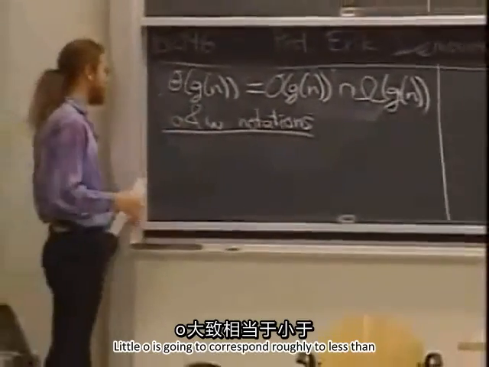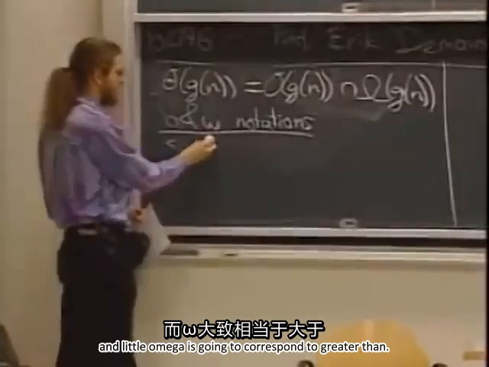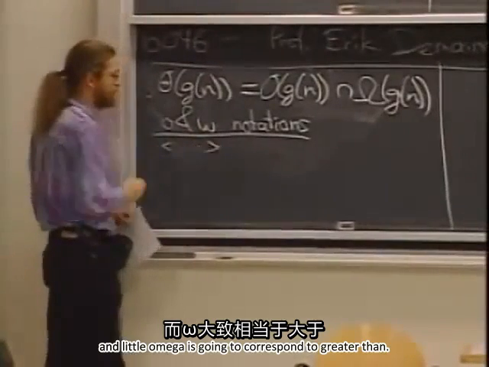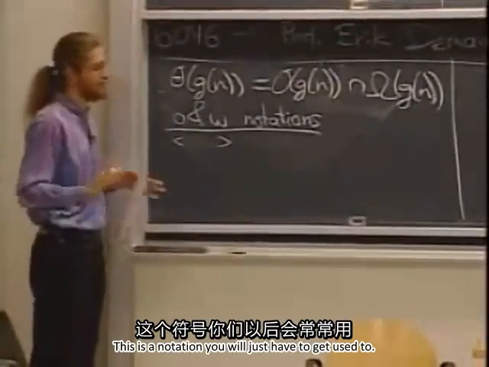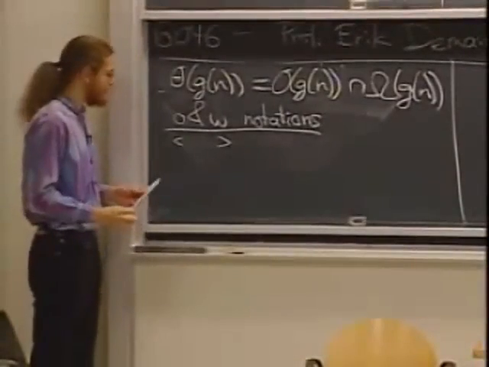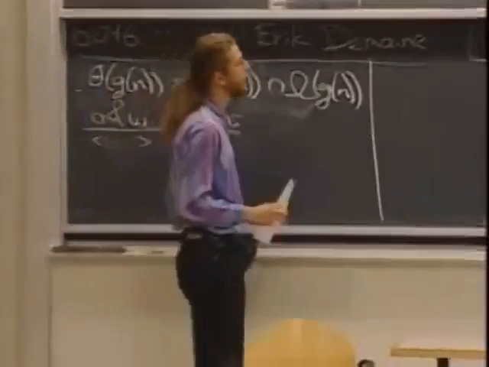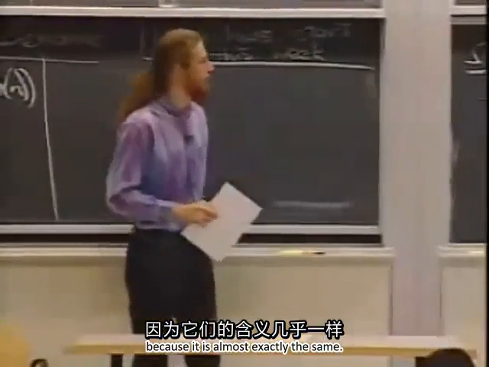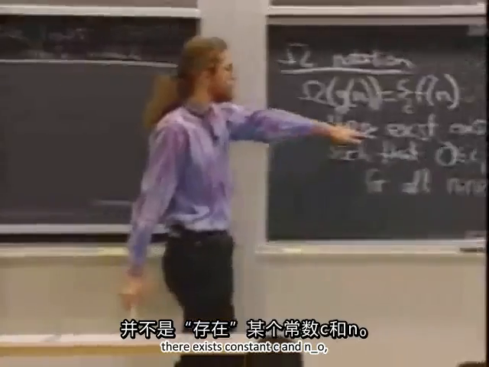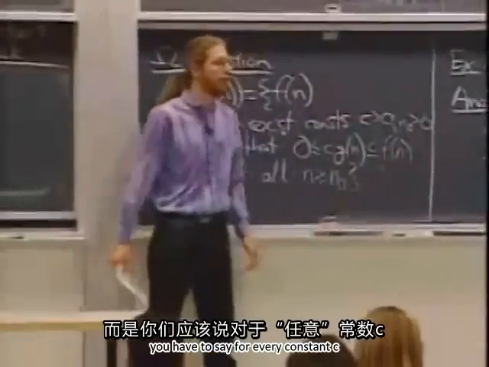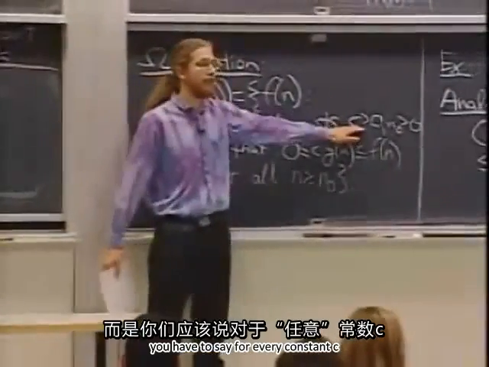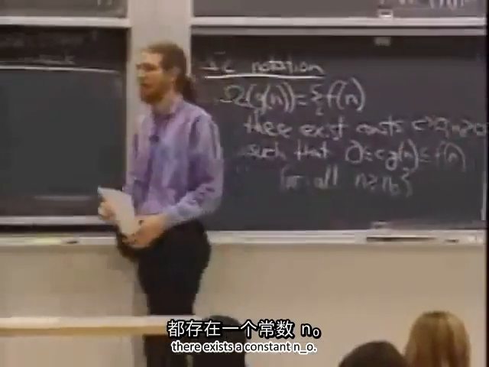Little o corresponds roughly to less than, and little omega corresponds to greater than. This is notation you'll just have to get used to. I'm not going to define it precisely here, because it's almost exactly the same. The difference is that instead of saying there exist constants c and n naught, you have to say for every constant c, there exists a constant n naught.